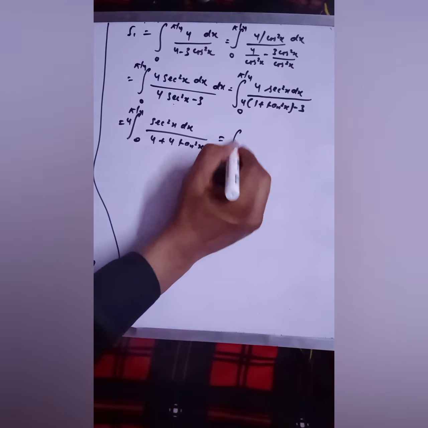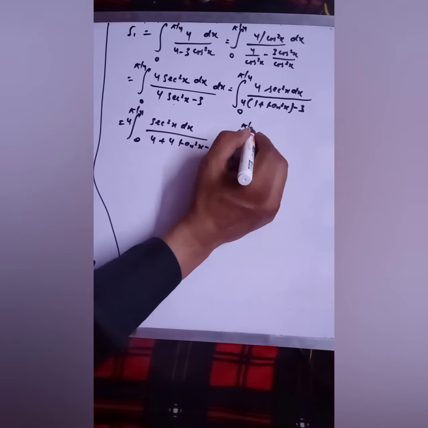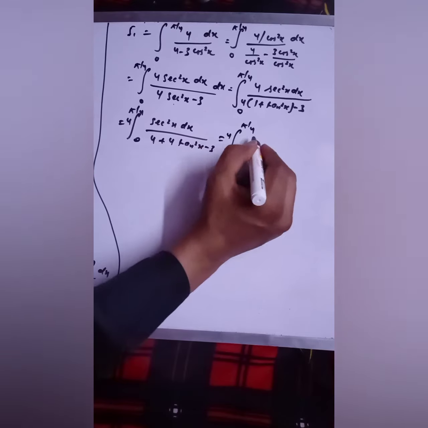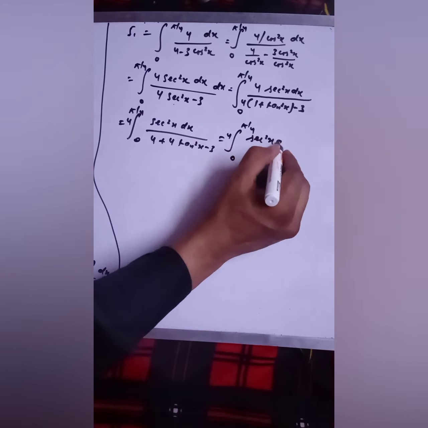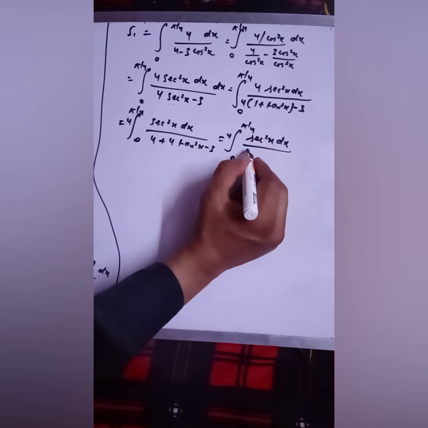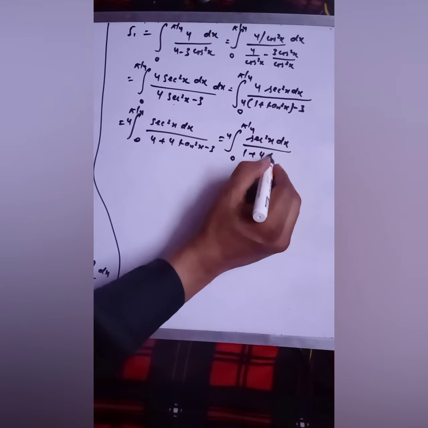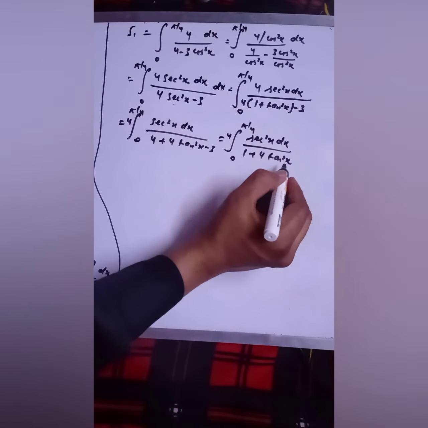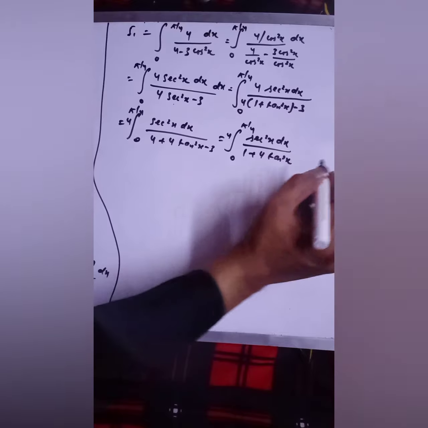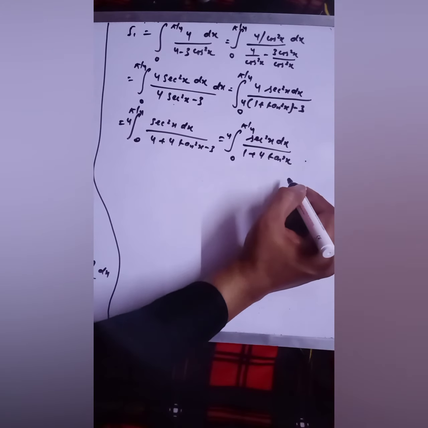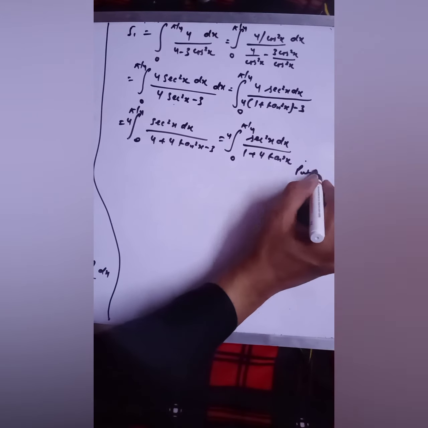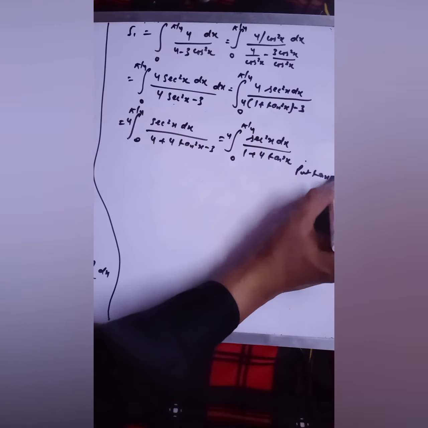Fine. So this is 0 to pi by 4 sec square x into dx over 1 plus 4 tan square x. Now you can solve. Here what we are doing, we are putting tan x is equals to t.